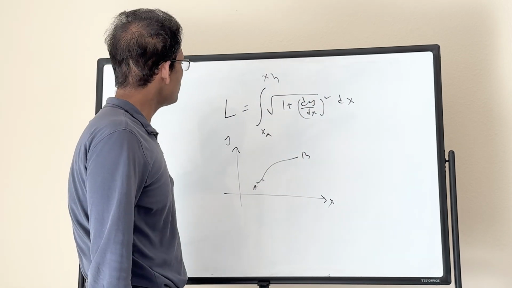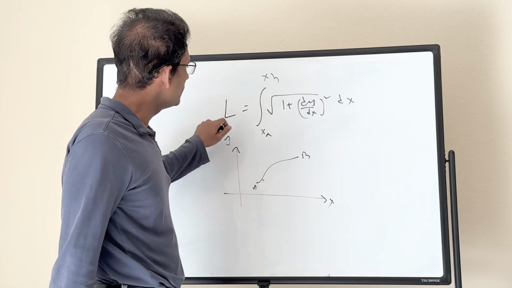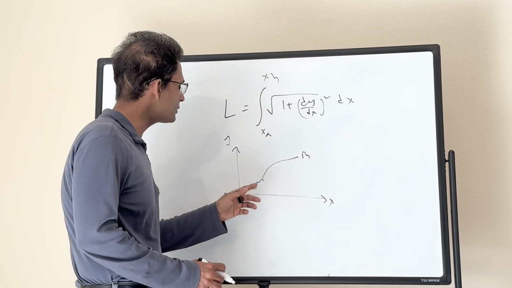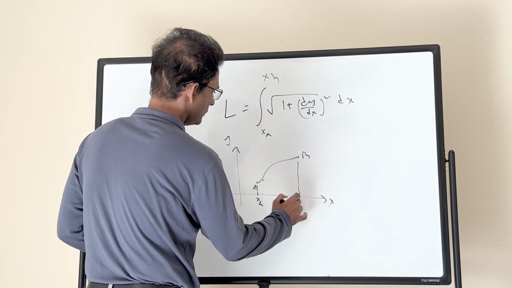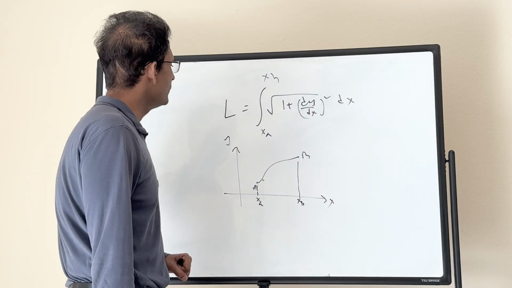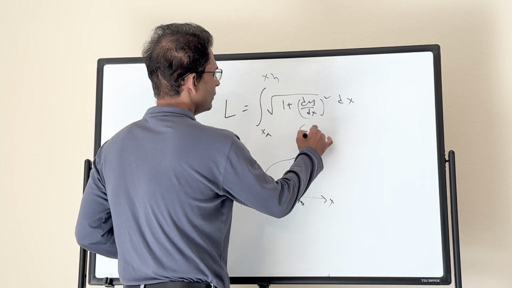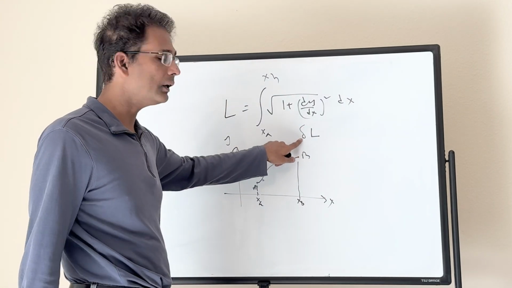This is a functional because its value depends on the whole function, the entire function defined in between these two endpoints, xa and xb. So what I'm going to do is consider the variation of L, which I'll write as delta L.